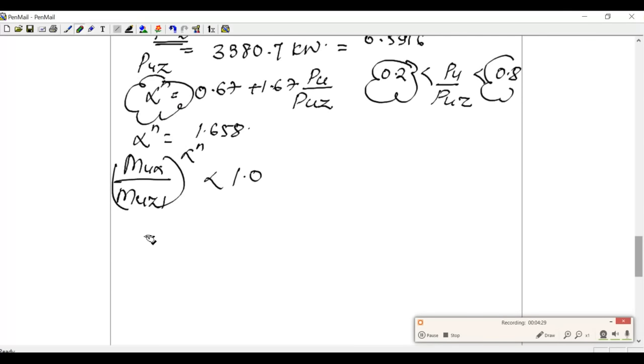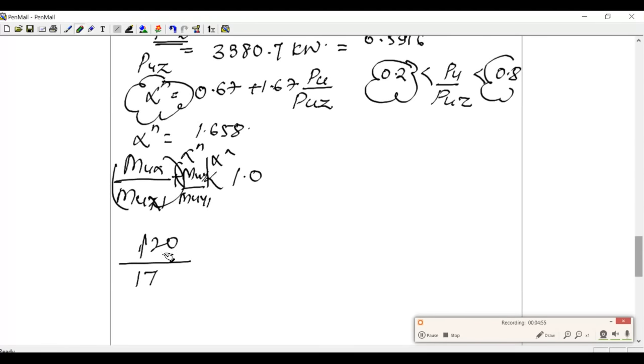Mux upon Mux1, that is 120 by 170, 226, 120. The formula is Mux upon Mux1 plus Muy upon Muy1, the summation raised to alpha n, the summation should be less than 1.